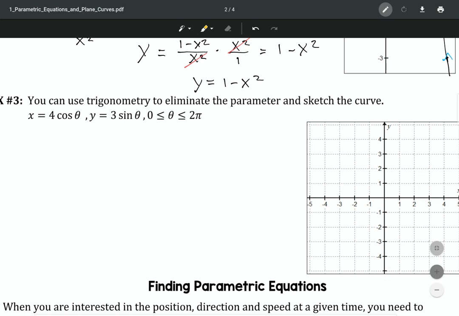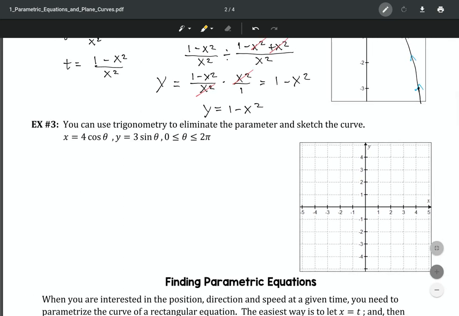I'm going to divide both sides by 4. That's going to leave me with cosine of theta. If I do the same thing over here, dividing both sides by 3, I get y over 3 equal to sine theta.